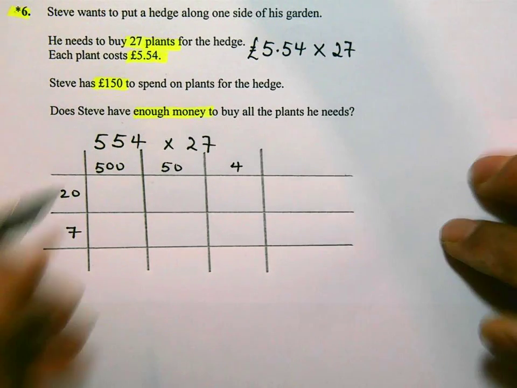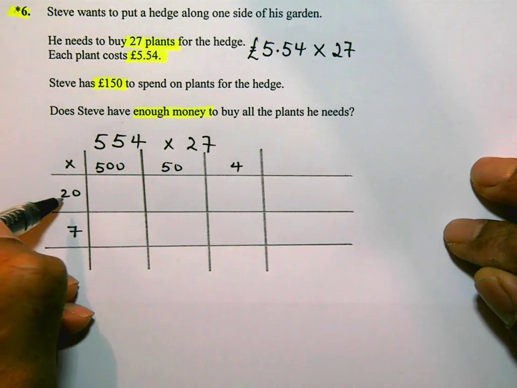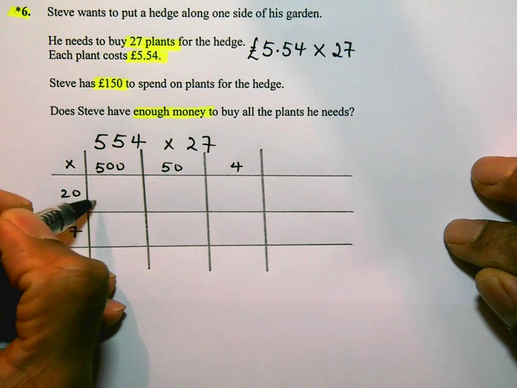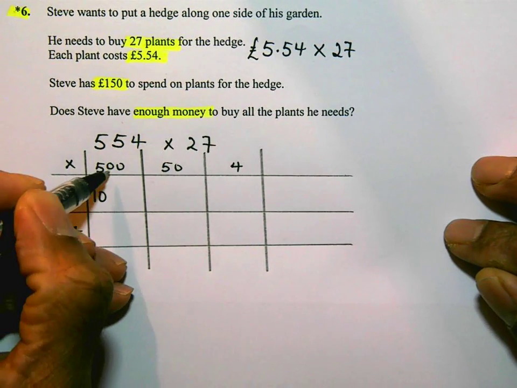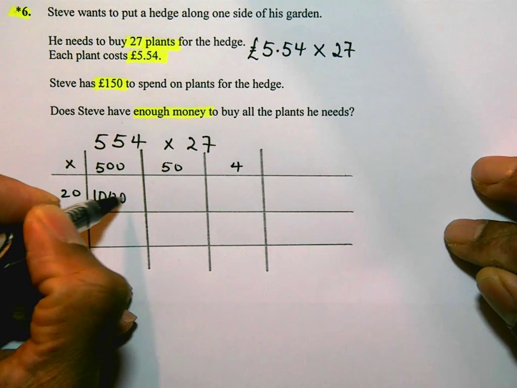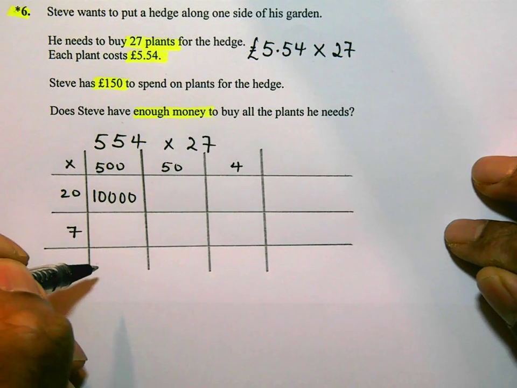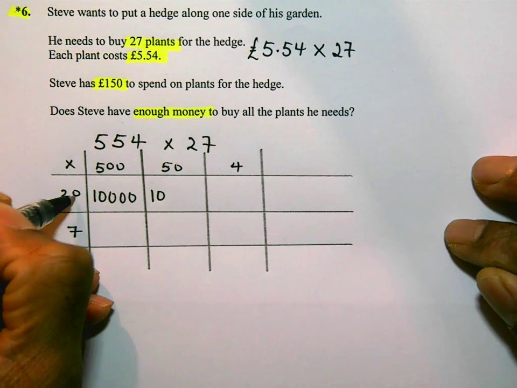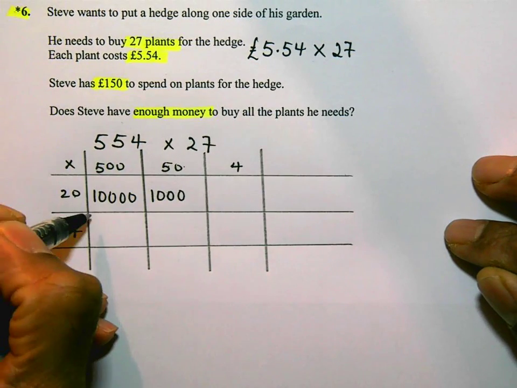So, doing the multiplication, I'm going to fill out the boxes inside. 2 times 5 is 10, and there's 1, 2, 3 zeros, so that's 10,000. 2 times 5 is 10, and there's 1, 2 zeros, that's 1,000.